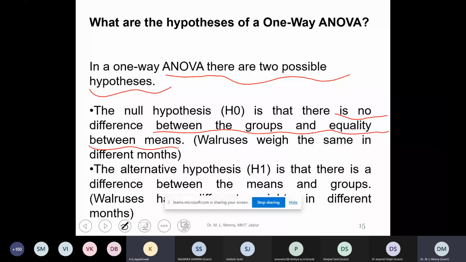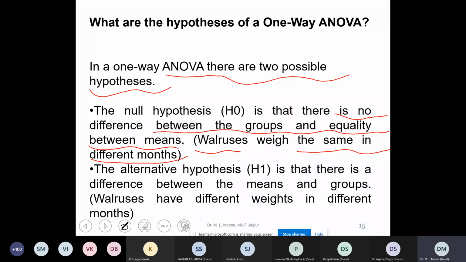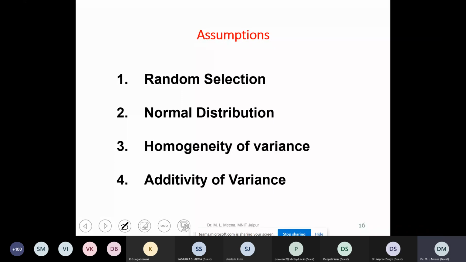If this is accepted, that is the null. The alternative hypothesis, HA or H1, is that there is a difference in the means between groups: walruses have different weights in different months. So the null hypothesis may be accepted or rejected, based on our observation data, on the data set of the study. So this is the example. Now these are the assumptions for one-way ANOVA.